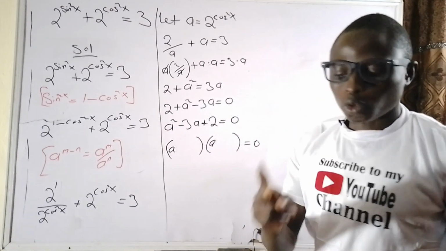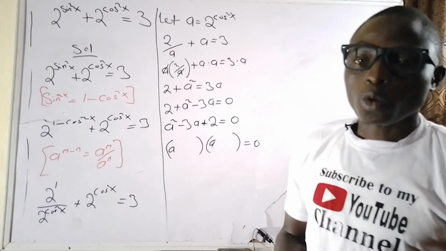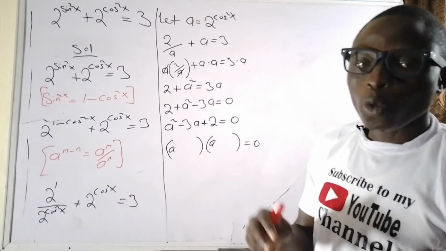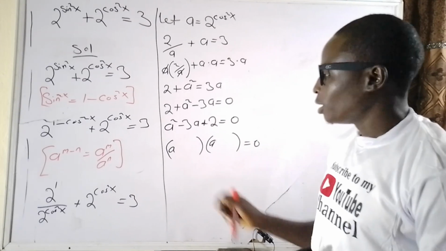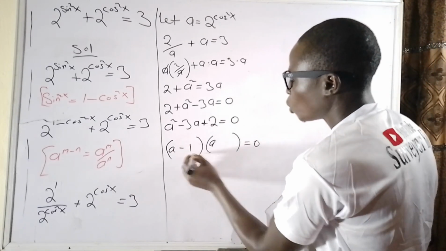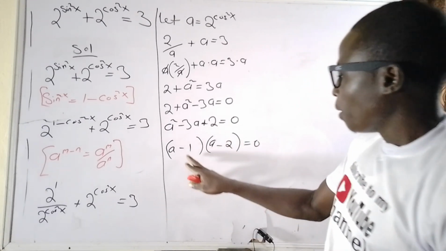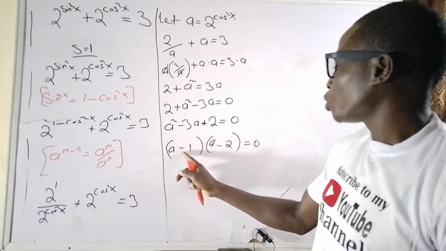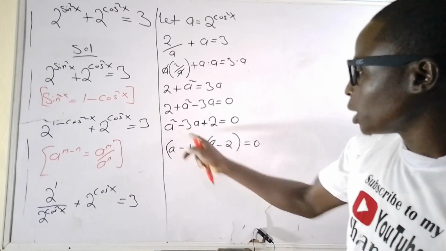So I have to look for two numbers or two factors that when multiplied, I will get plus 2, and when added, I will get minus 3. And these numbers are minus 1 and minus 2, because minus 1 times minus 2 is actually plus 2, and minus 1 minus 2 is minus 3.